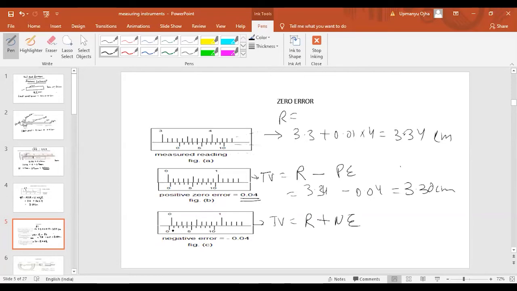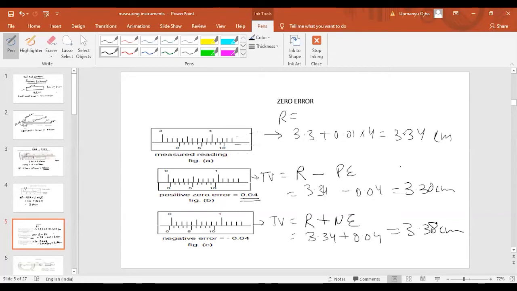So if you see, the fourth part of the vernier scale is coinciding with the main scale. Therefore negative error will be minus 0.04. So we get true reading as 3.34 plus 0.04, minus becomes plus. So the reading will come as 3.38 centimeter.